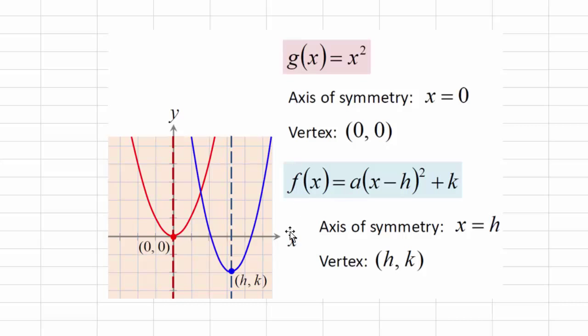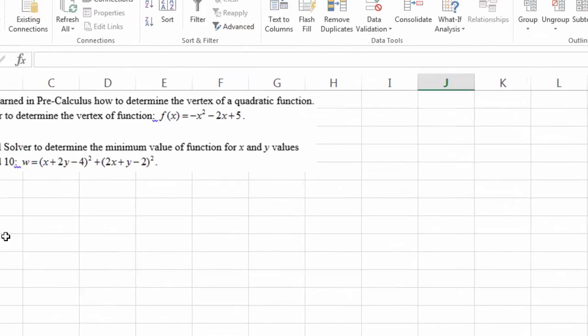But if you can rewrite it into this standard form, then this h and k are the coordinates for the vertex. The vertex is basically either the minimum point or the maximum point of a quadratic function. It depends on if your function opens up or opens down. So of course you can determine the vertex mathematically using the formula, but in our case we're just going to ask Excel to do that for us.